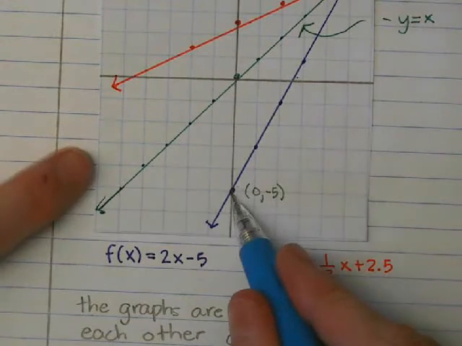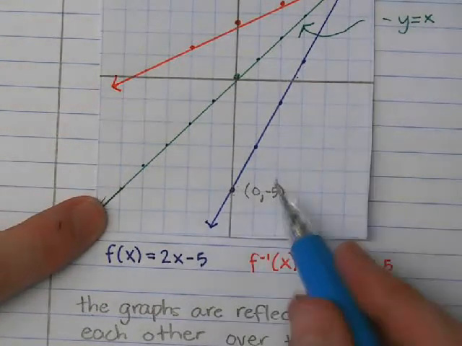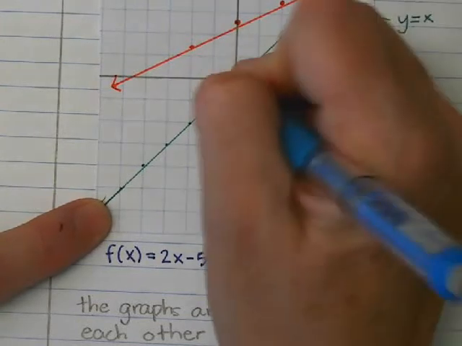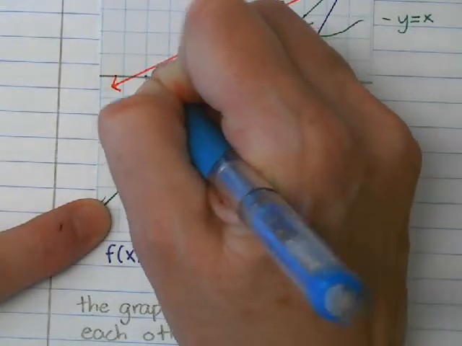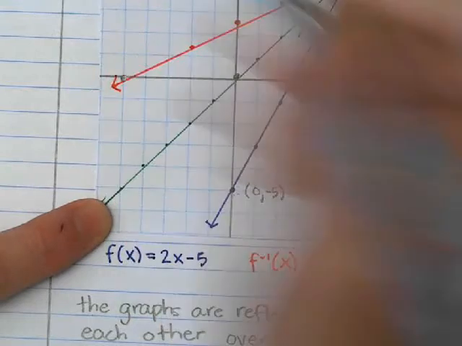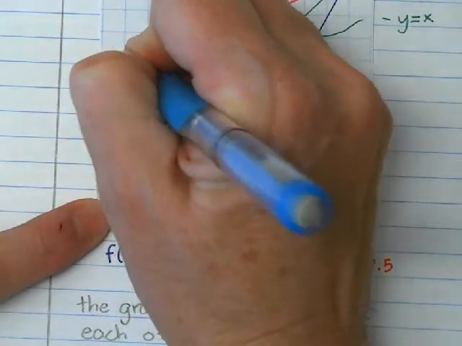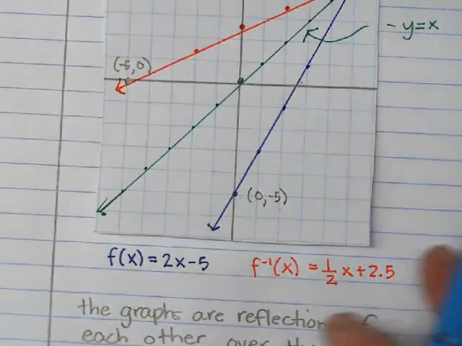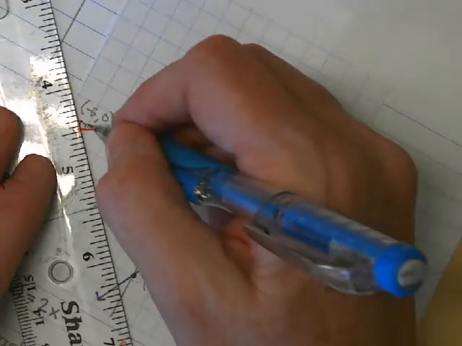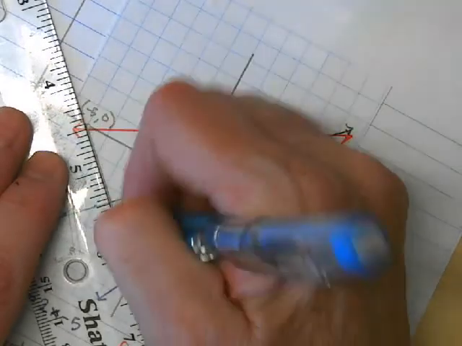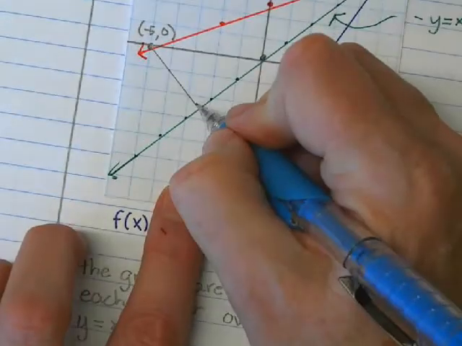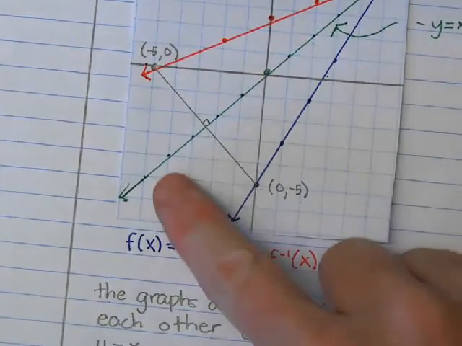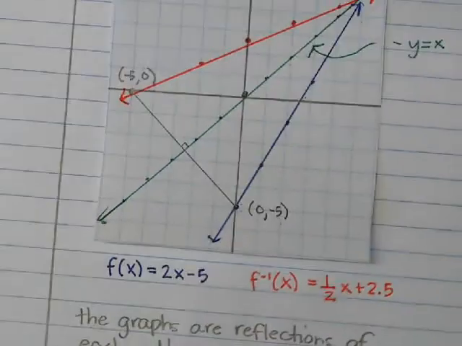Well, notice the inverse of that. Remember we said you would just switch x and y, so it should be -5, 0. 1, 2, 3, 4, 5. It's not super accurate in my drawing, but it should be. So those two points are inverses. And look what happens if I connect them. When I connect them, their line is perpendicular to this line of reflection.